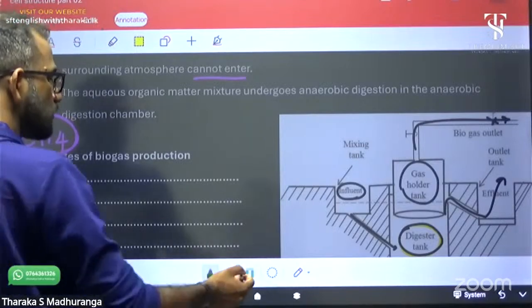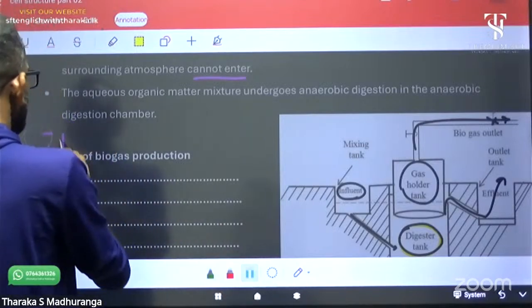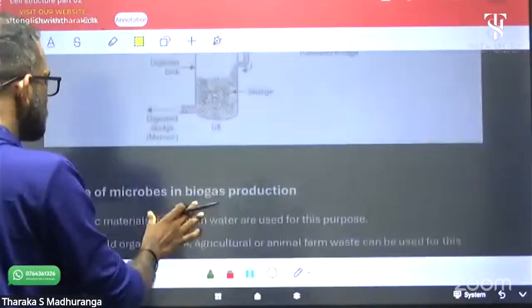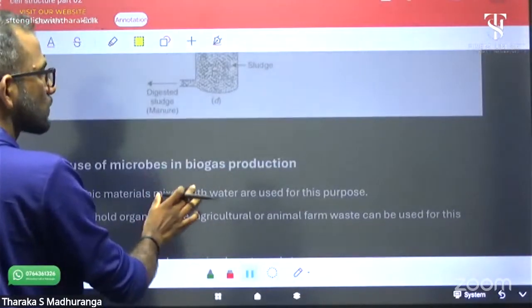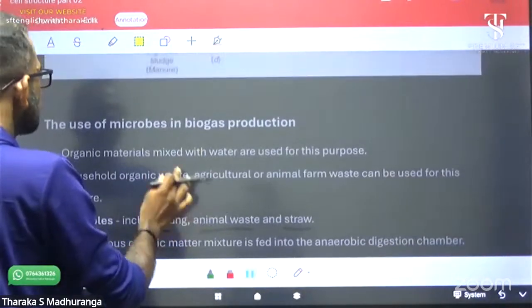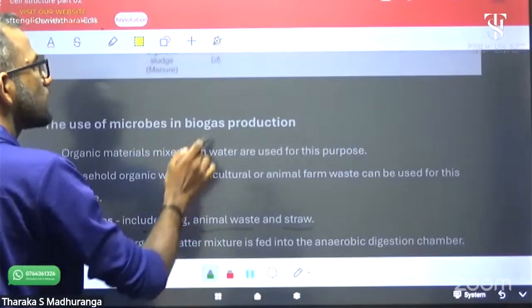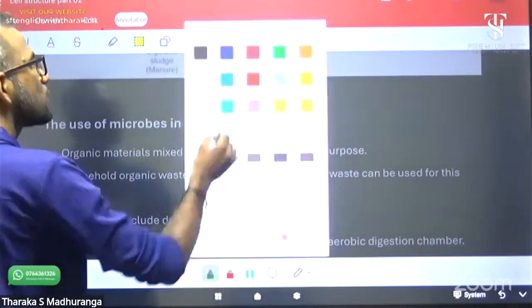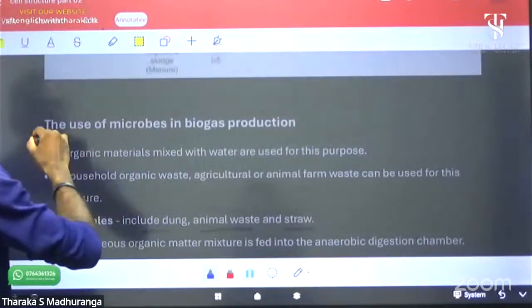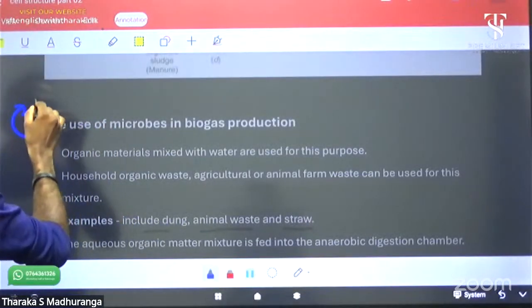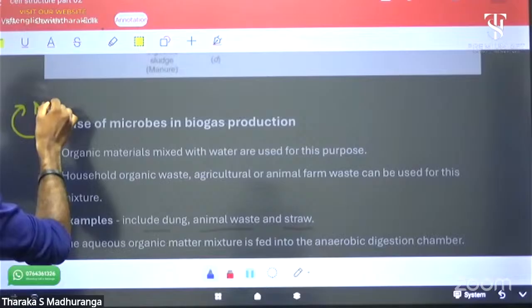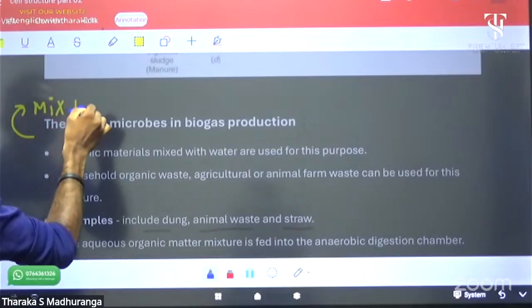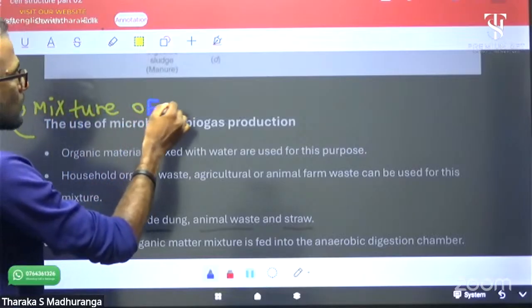Okay, please note this down. Biogas is a mixture of gases.